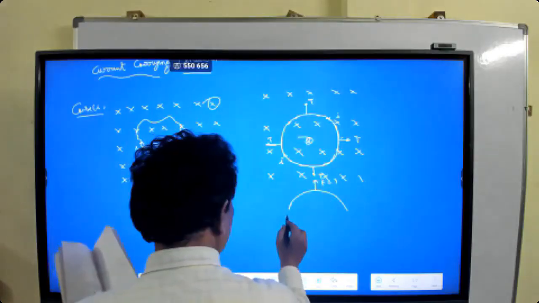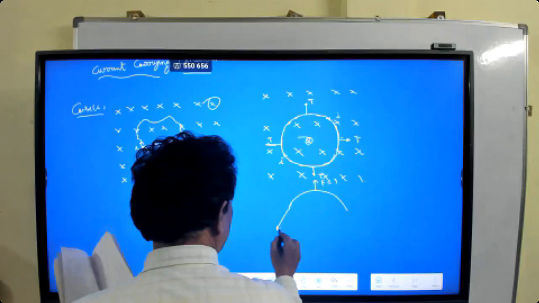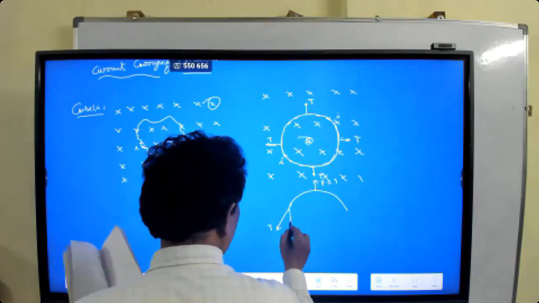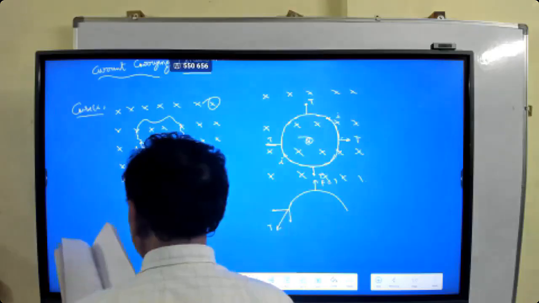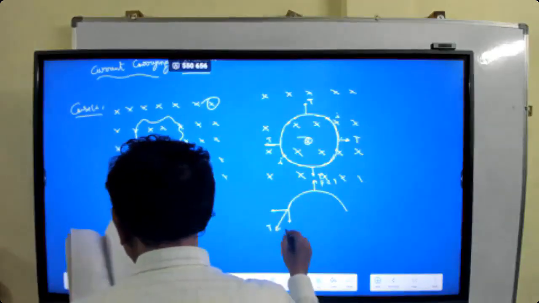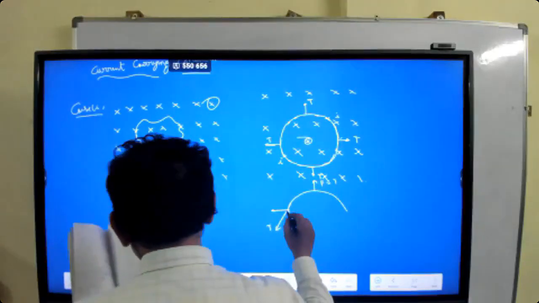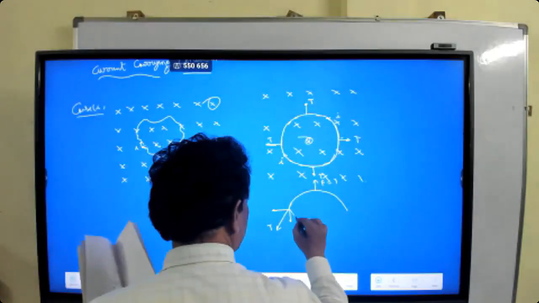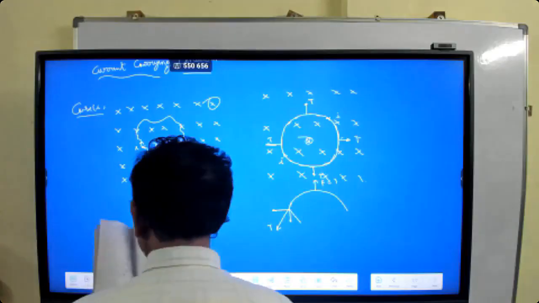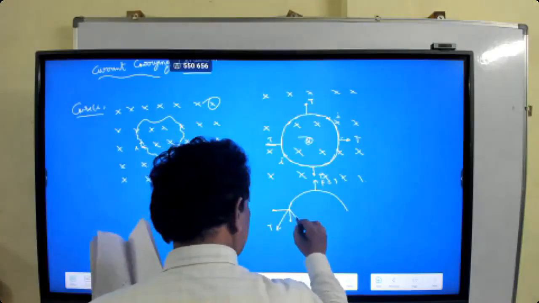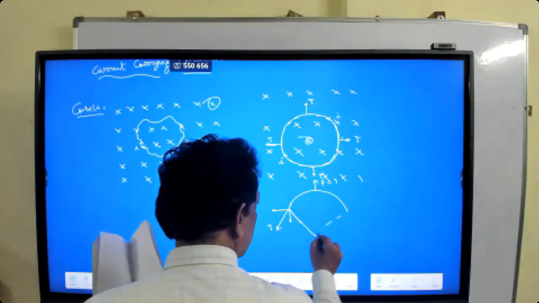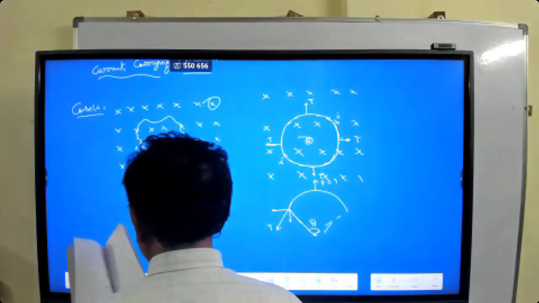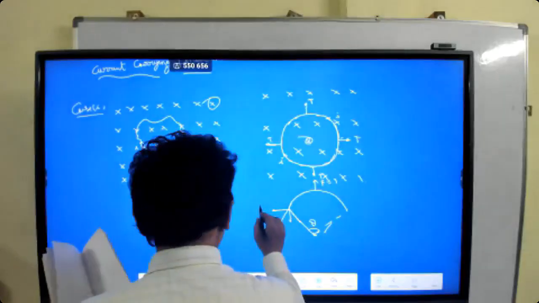So this tension is a resultant tension T. Then you have a vertical tension and a horizontal tension. This is the radius, making an angle theta, and this side is the horizontal tension.